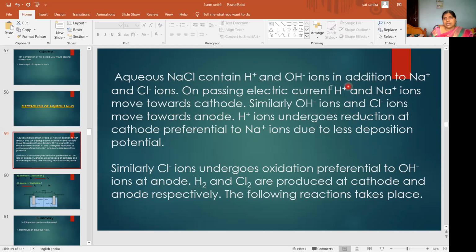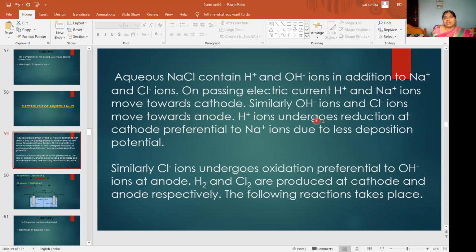Here there are two cations, H+ and Na+, and these two ions move towards the cathode. Similarly, the two anions, OH- and Cl-, move towards the anode.